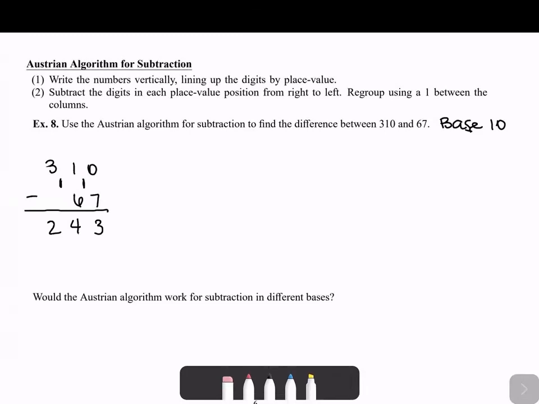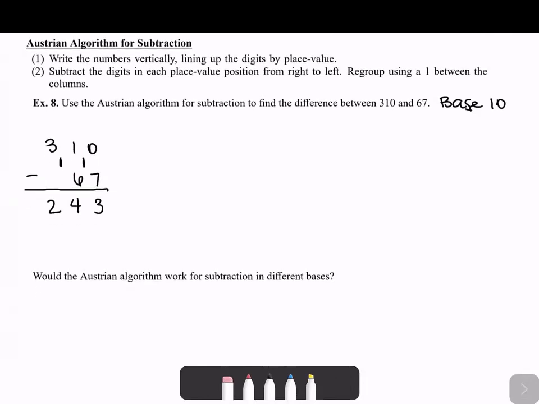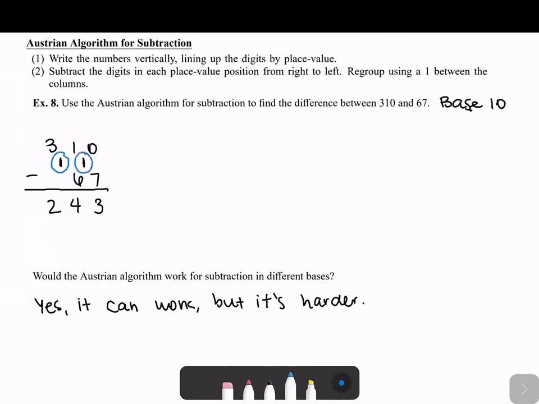So would this work for subtraction in different bases? Yes, it can work, but it's a little bit harder to see how it works. Because we add the 1s right here because we are in base 10.